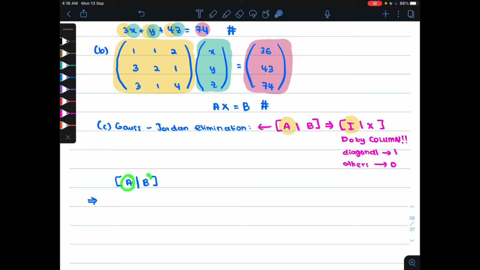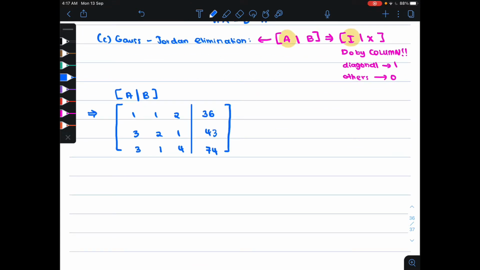Substitute matrix A and B. So, aim kita adalah nak tukar A jadi I.